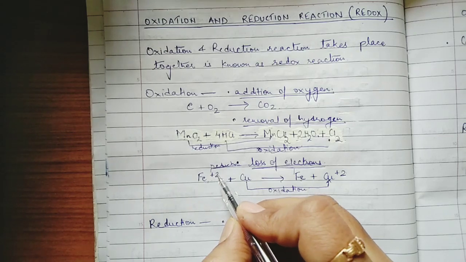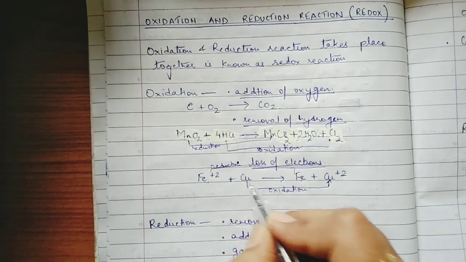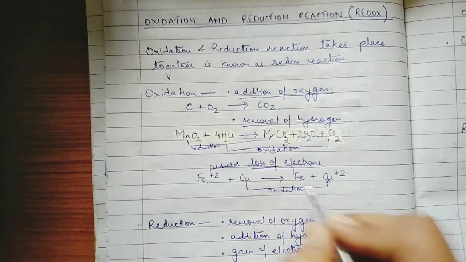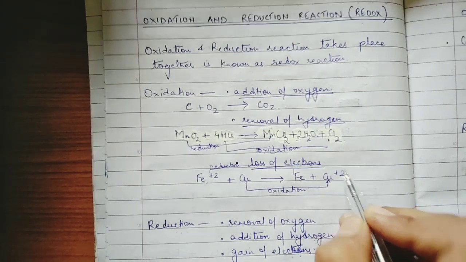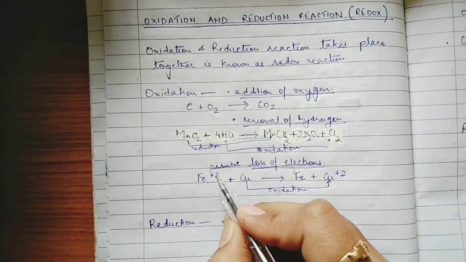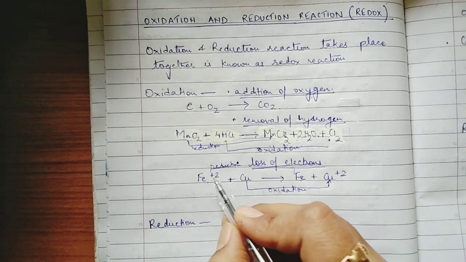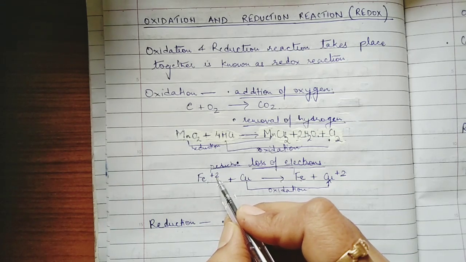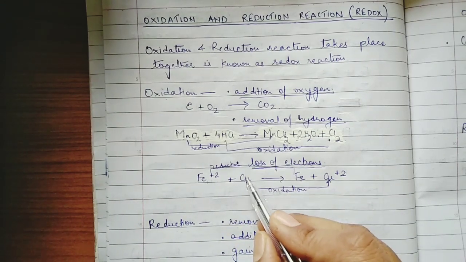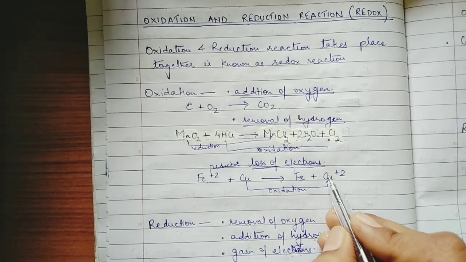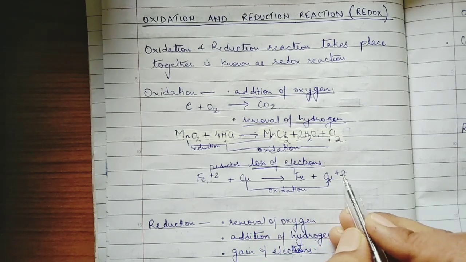Fe2+ plus Cu gets converted to Fe plus Cu2+. What is meant by a plus 2 charge? It means there are 2 electrons less, that is why there is a positive charge. Copper lost electrons and that is why copper became 2 positively charged.